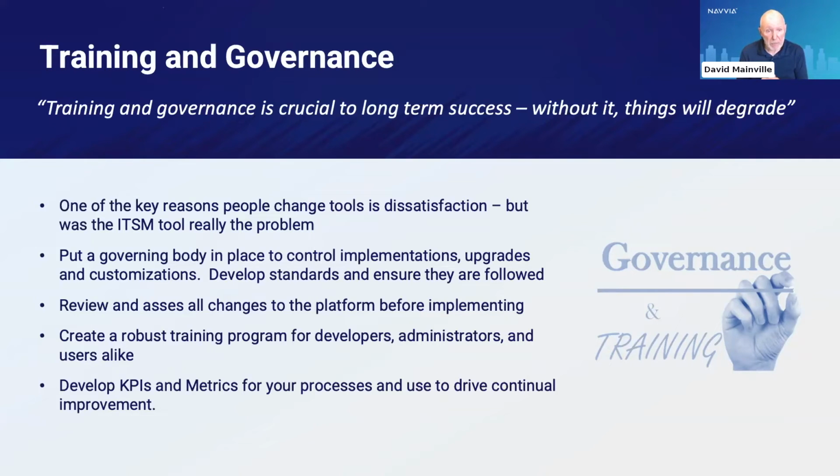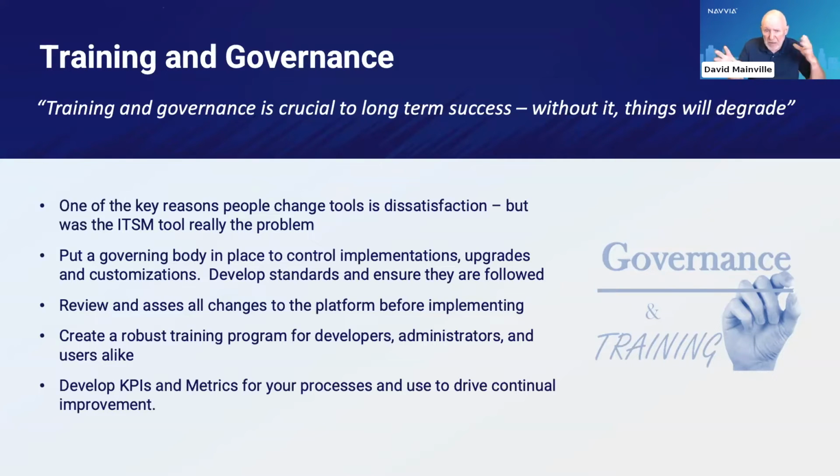They really need to be very up on how that product works so that they can support it properly. And then you also need to develop key performance indicators and metrics for your processes so that you can drive continual improvement in the tool. So if you're looking at reducing the number of incidents that are escalated, things that can help you do that are having a better knowledge base, having better people on the front line, making sure that all the incidents that come in can get turned into a problem so you can get to the root cause.